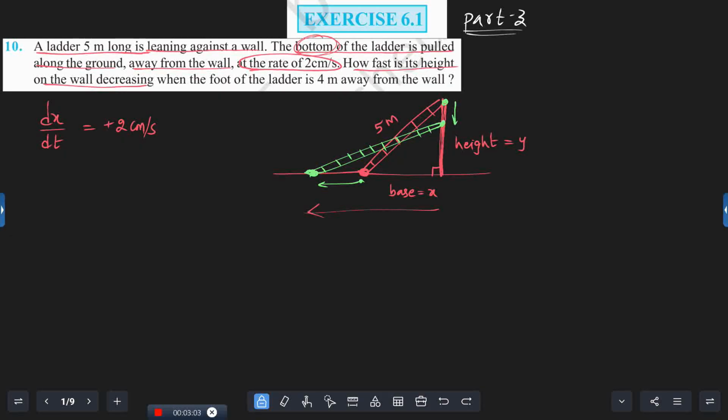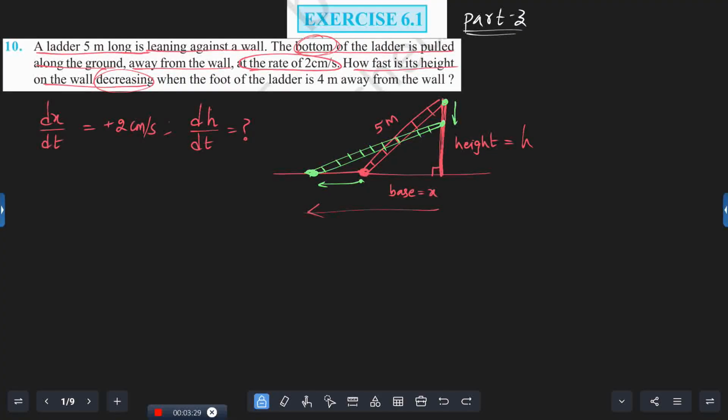They are asking for dh divided by dt, which is equal to what we need to find. They also mentioned height is decreasing, which means your answer you are going to get in negative. Decrease means you will be getting negative.